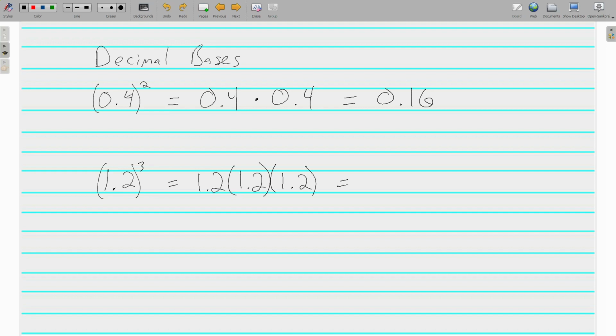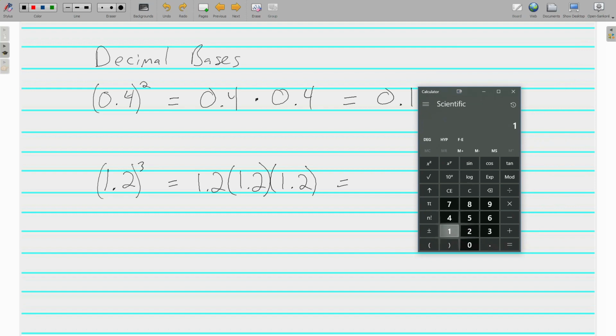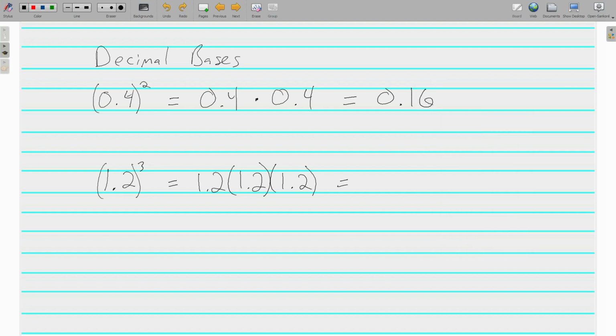And oh goodness, how much is that? Let's grab my calculator. 1.2 times 1.2 times 1.2 gives us 1.728. The decimal bases work the same as whole number bases.